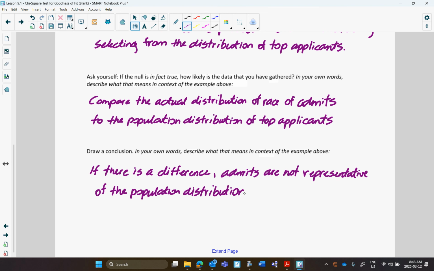Hypothesis test: how likely is it we got the results that we did? What's the probability? If we did this over and over again, was this just a weird year? Or if we randomly sampled many years, would we see some kind of difference from the population distribution of top applicants?